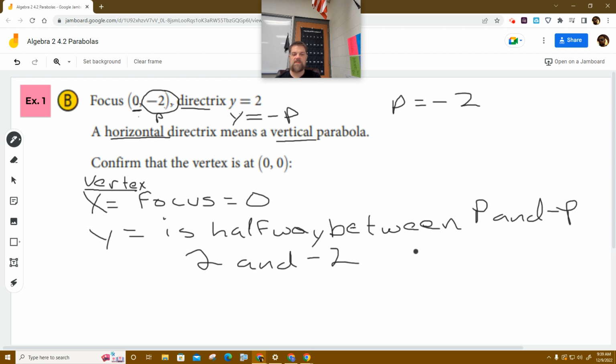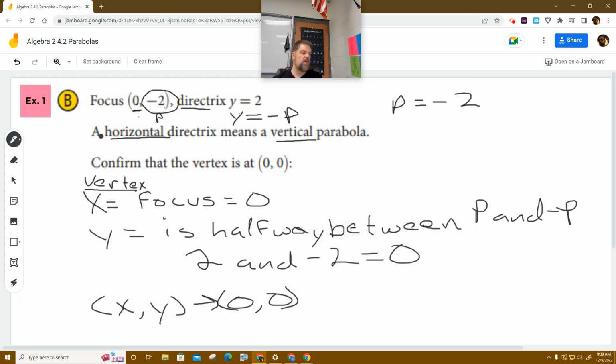What's halfway between 2 and negative 2? 0. Okay. So then our vertex is going to be an x comma y value, or it's going to be 0 comma 0.